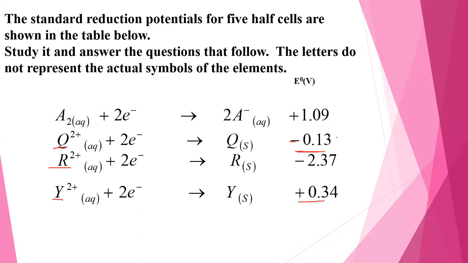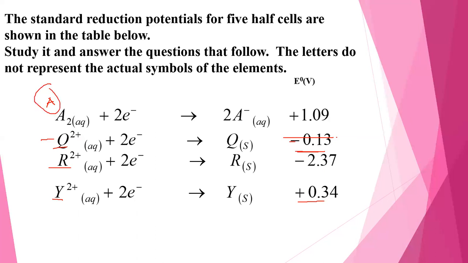The positive ones are oxidizing agents, so they are reduced. So this one will be at the anode. The anode in an electrochemical cell is the negative electrode where oxidation takes place. That may be the confusion.